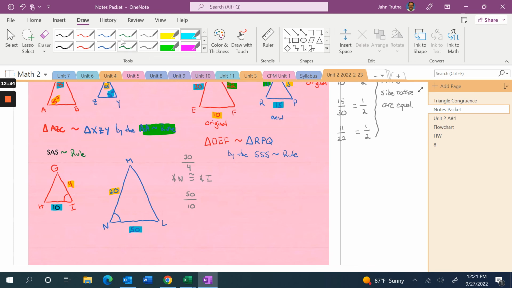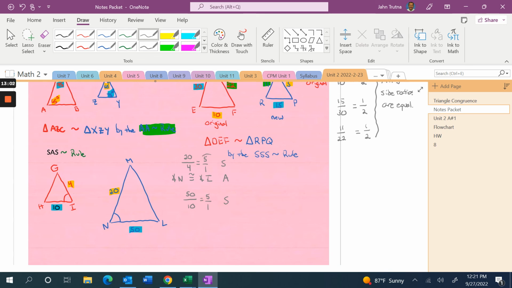So here's what we have. We have a pair of equal angles, that's an A. We have a side ratio, that's an S. And 20 over 4 reduces down to 5 over 1. We have another side ratio, 50 over 10, which, by the way, also reduces down to 5 over 1.